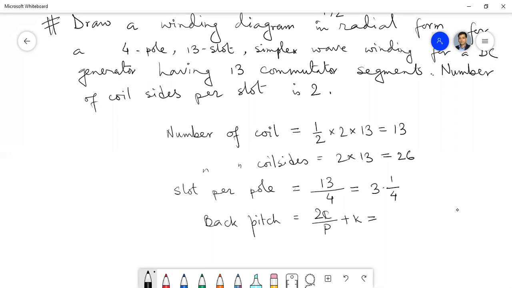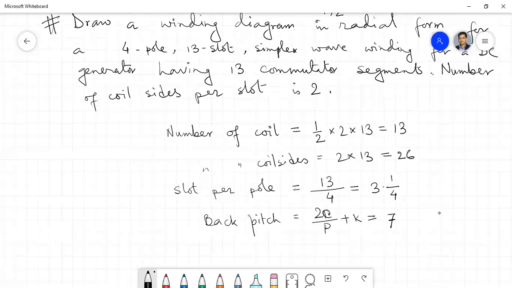So if we take plus K, what will be the back pitch here? 7. If K is plus half, so it is again 7, similar to the earlier case. Okay, because it should be an odd number, isn't it?